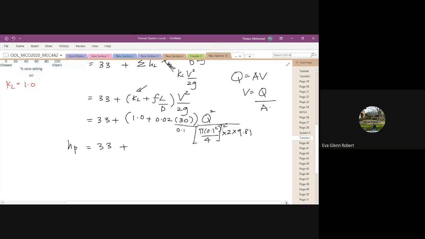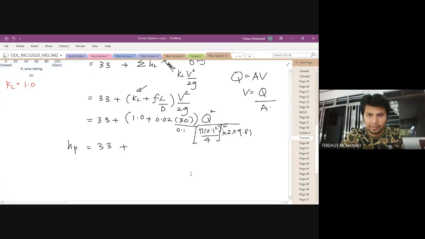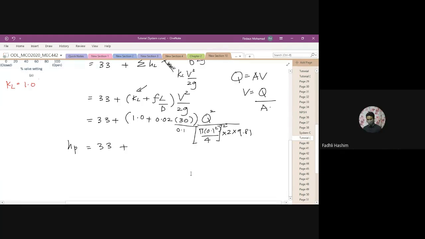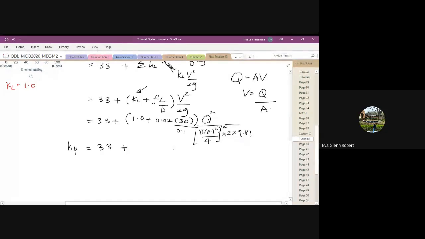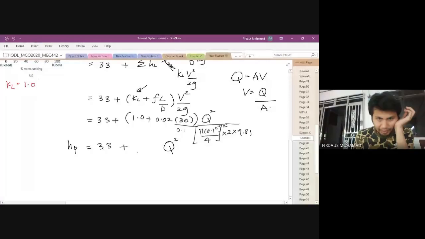Berapa dapat? Berapa? Saya silap. Ke depan ni berapa? Calculator saya hilang. Tak tahu kat mana.